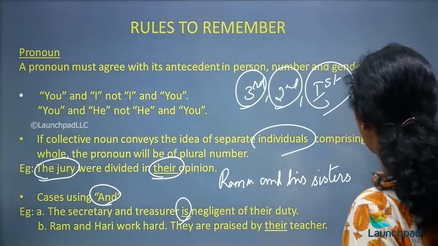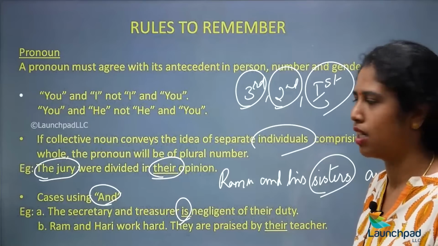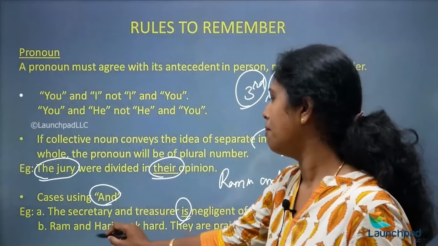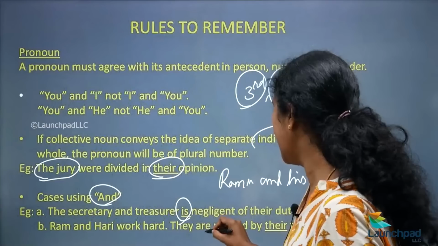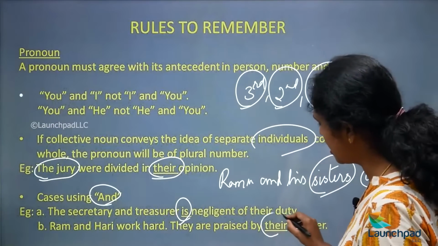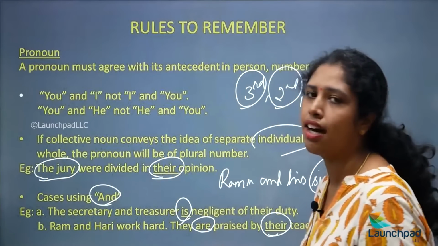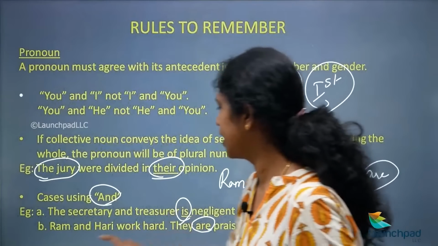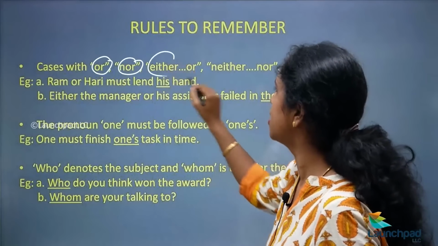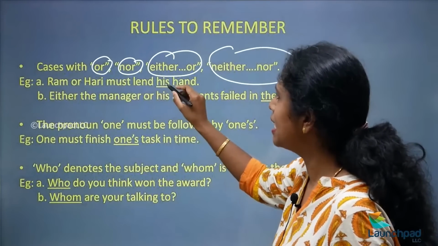It will become are because one of the nouns is a plural noun. So it becomes Ramu and his sisters are. Okay. Next, Ram and Hari work hard. They are praised by their teacher. So you can see that T-H-E-I-R is there and hence you can see that A-R-E plural verb is given there, right? Next, what happens when or, nor, either or, neither, nor is used? So Ram or Hari must lend his hand.